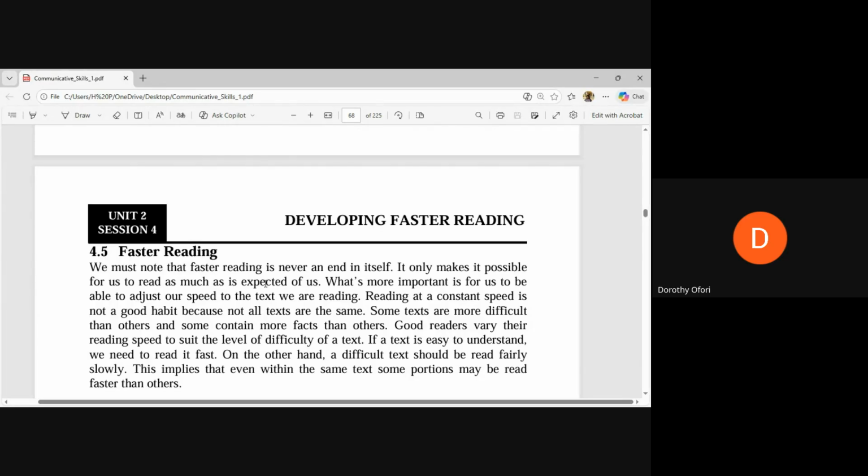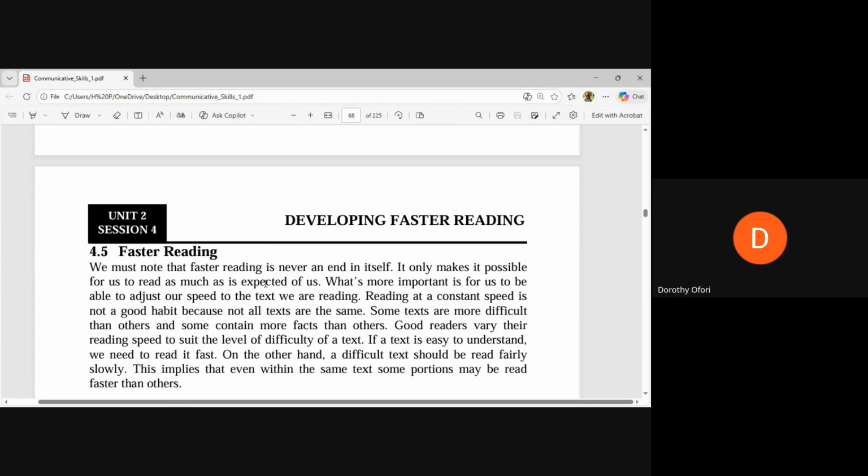And so because of that, there is always something that is pushing us to read fast. But you should know that when you read at a constant speed, it is not good, because they are not the same. Remember the example I showed you. We must note that faster reading is never rushed. So we read faster, but at a pace that our brain is also working.